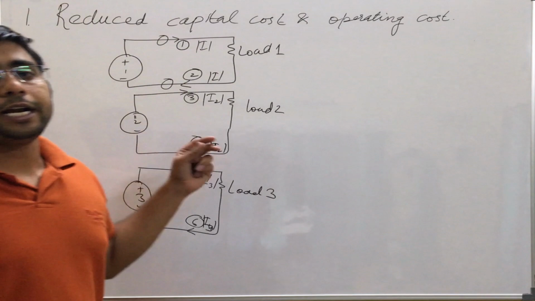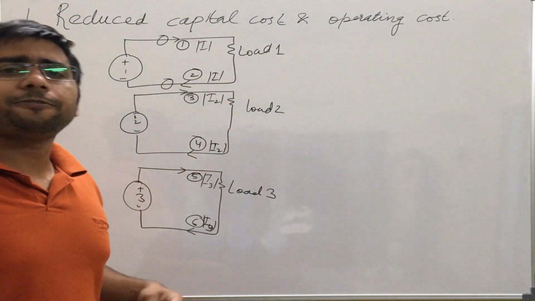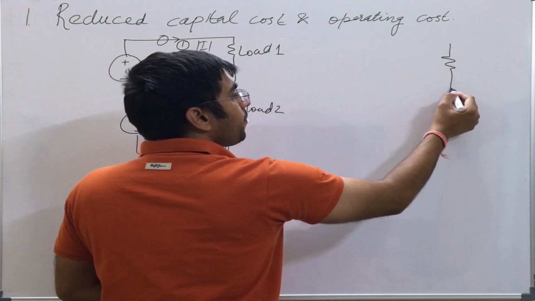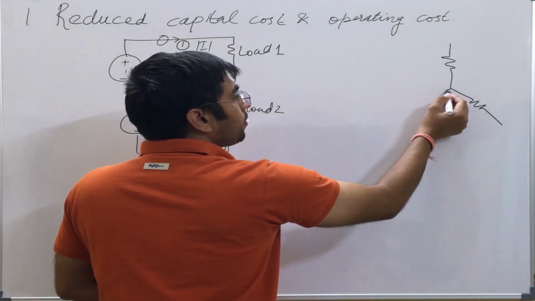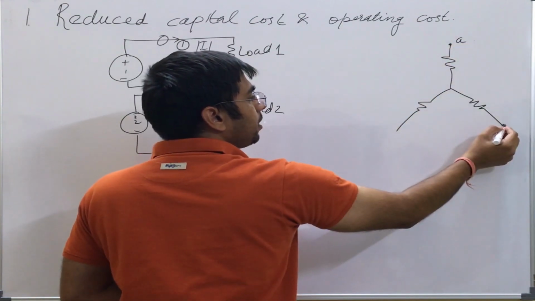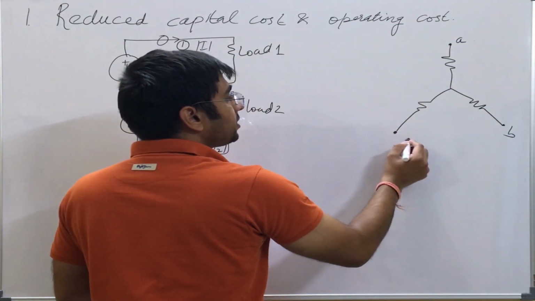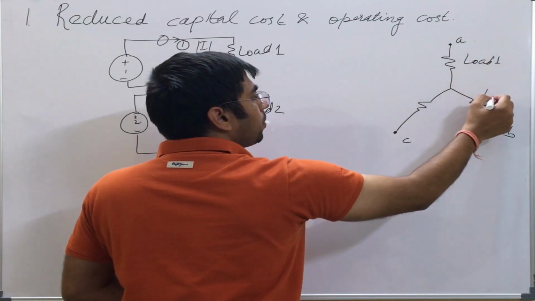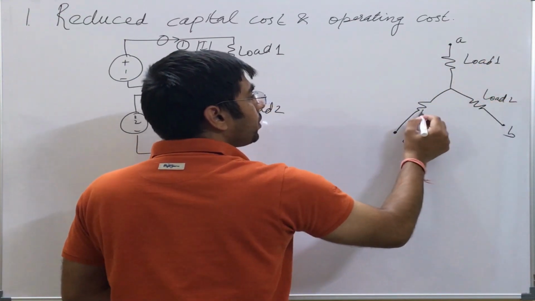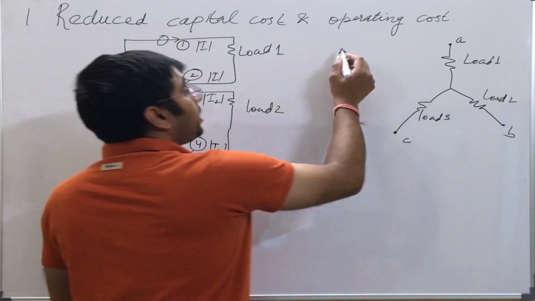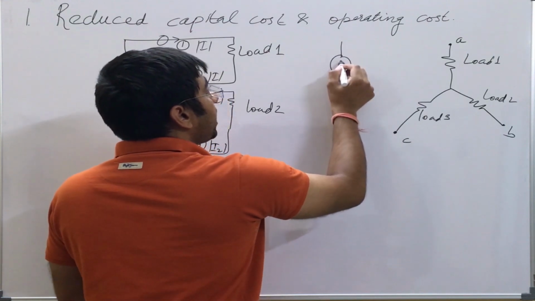Now let us say I deliver these three loads using a three-phase system. I will connect these three loads in a three-phase configuration. Let us say this is part A, part B, part C, and let's say load 1, load 2, load 3, and I will connect them to a three-phase supply.